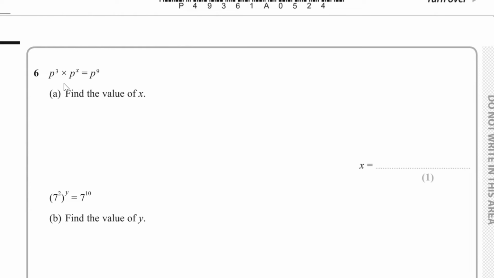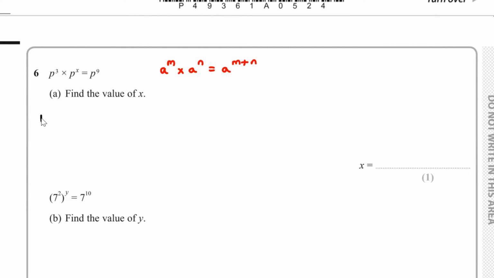Question 6. We're given that p to the 3 times p to the x equals p to the 9, and we have to find the value of x. Because we have the same base here, and we're multiplying, we can add the powers. Of course, we're using the rule of indices: a to the power of m times a to the power of n equals a to the power of m plus n.